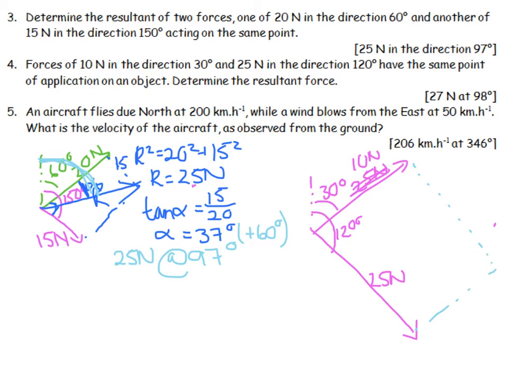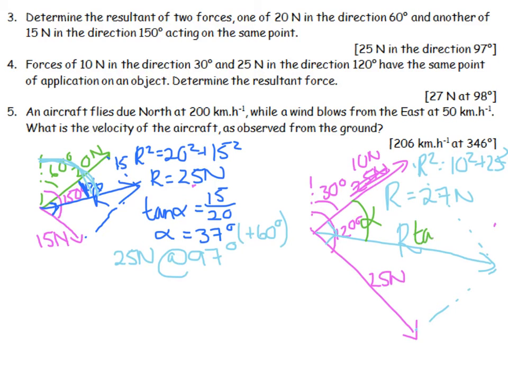Again, I've got a 90 degree angle in this corner. And I go r squared is equal to 10 squared plus 25 squared. And I find that the resultant is 27 newtons. I'm interested in this angle over here, and I will add it to 30 in a minute.